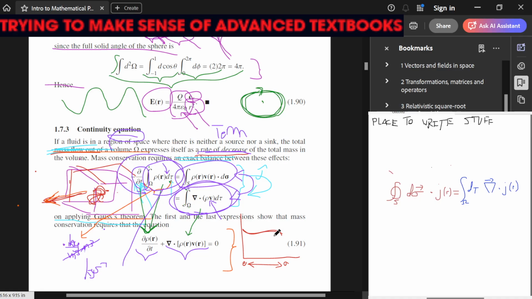But differentiating... No, I'm mixing up definite integrals and indefinite integrals. Definite integrals give you an actual value.